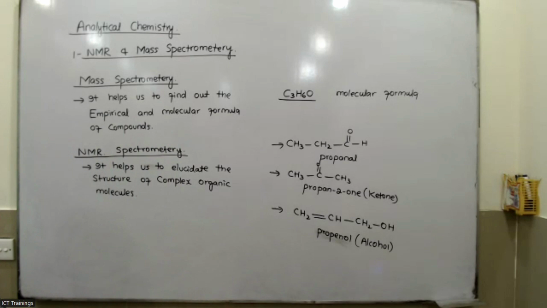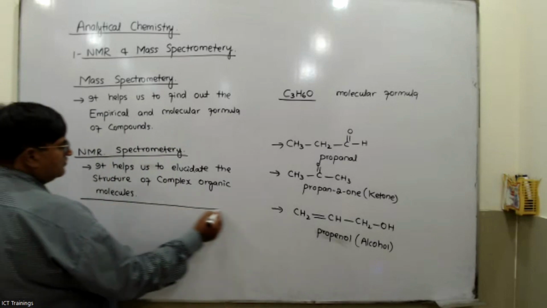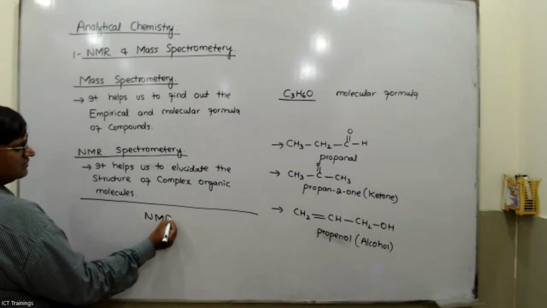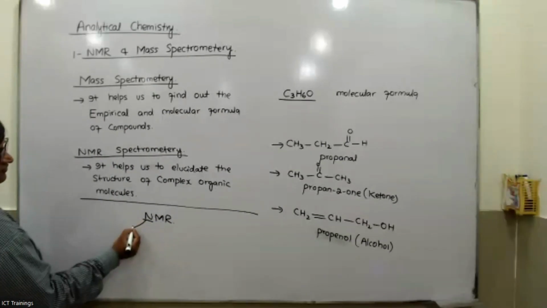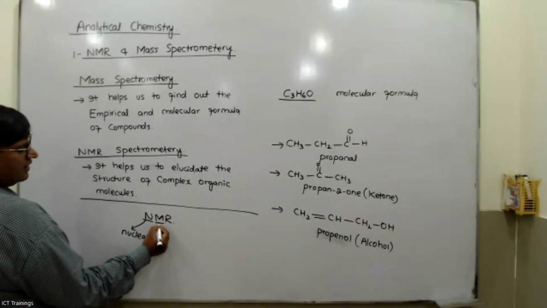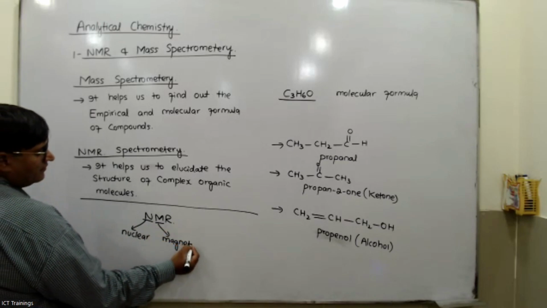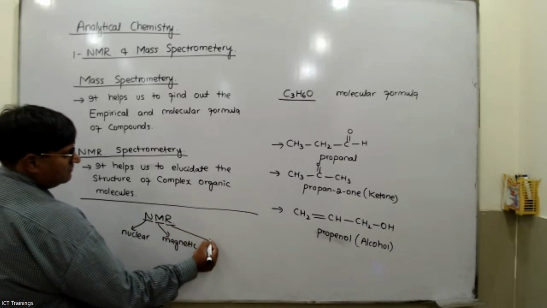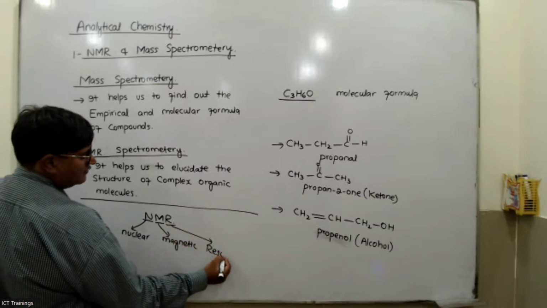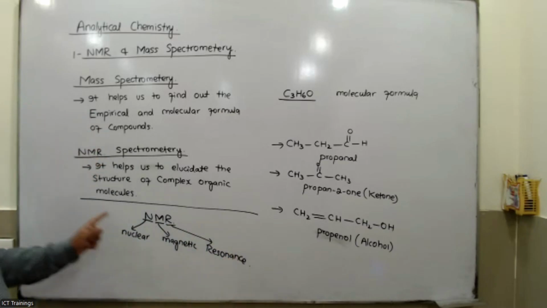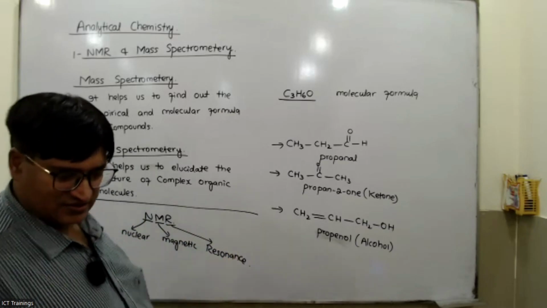Now we are going to start with the details of NMR spectrometry. First of all, the NMR word is made up of N for nuclear, M for magnetic, and the R word means resonance. So nuclear magnetic resonance.